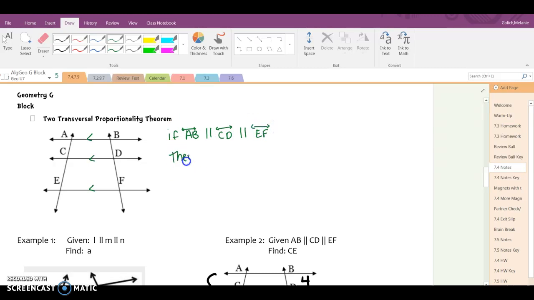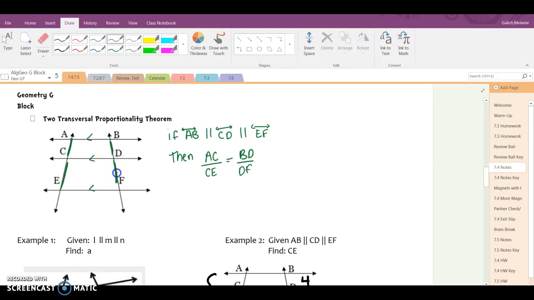If this is true, then AC over CE, so AC is the little part over the second part, is equal to BD over DF. Notice I didn't put the segments because I'm talking about their actual numerical answers.